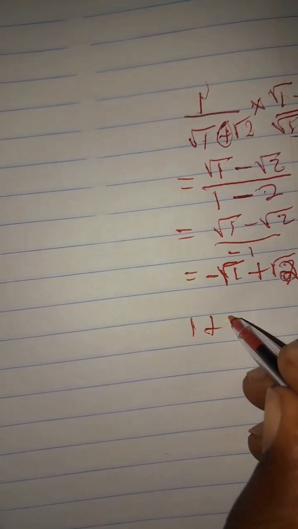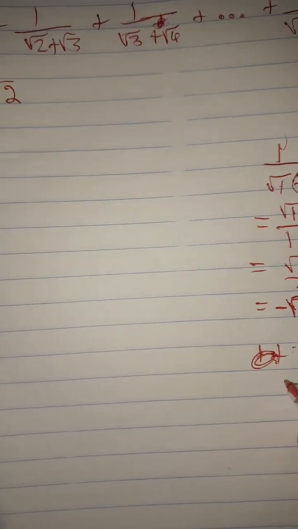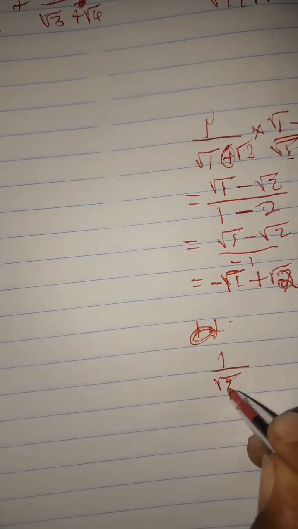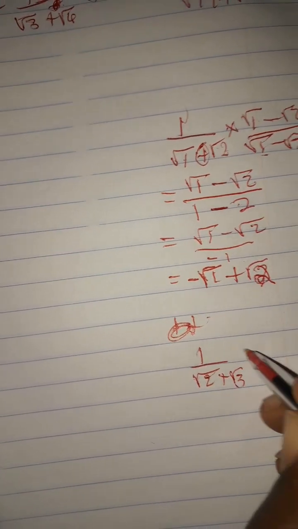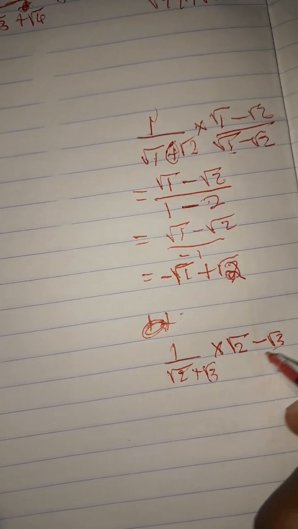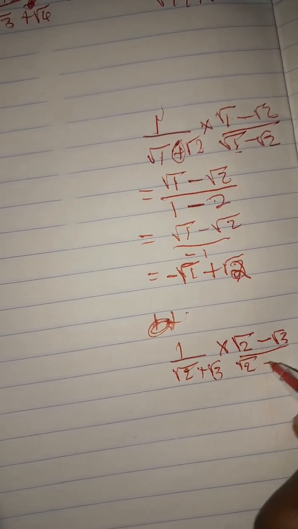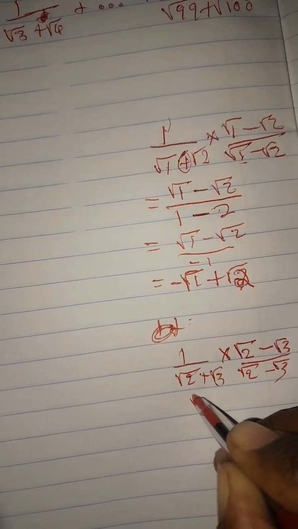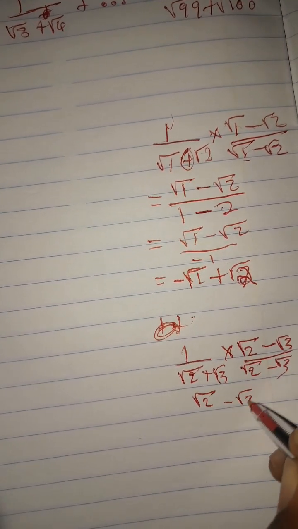Okay, let's do the other one. Let's rationalize 1 over √2 plus √3. So let's find the conjugate. It's going to be √2 minus √3, multiplying both numerator and denominator.